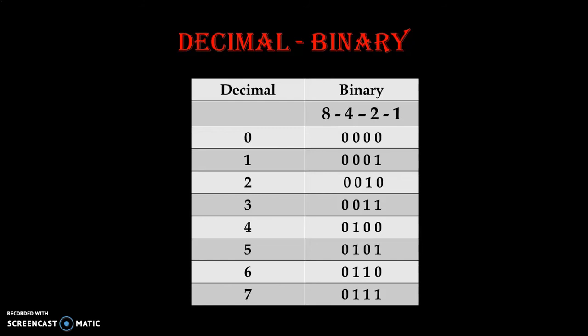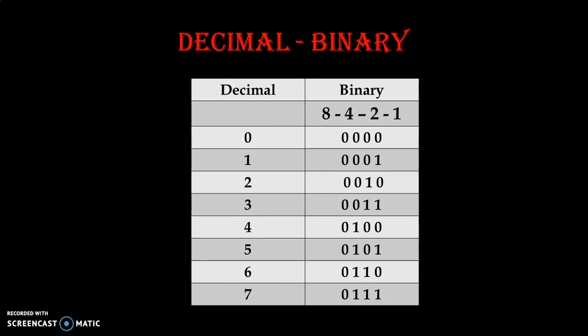So we have to add values where it has 1, we eliminate 0. So for example, if we take a 4, then 0 plus 4 plus 0 plus 0, so it comes to 4. Suppose we take a 7, then 0 plus 4 plus 2 plus 1, that is 4 plus 2, 6 plus 1, that is 7.